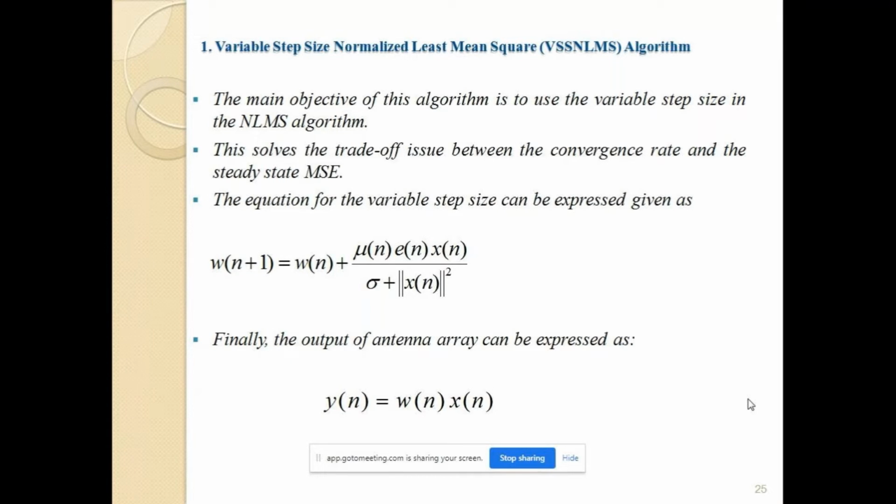More than 100 iterations are required for LMS and NLMS algorithms, which is very time consuming and tedious. In order to overcome that, we have improved the variable step size algorithm, so we call it the variable step size normalized algorithm, through the equations which we have presented.